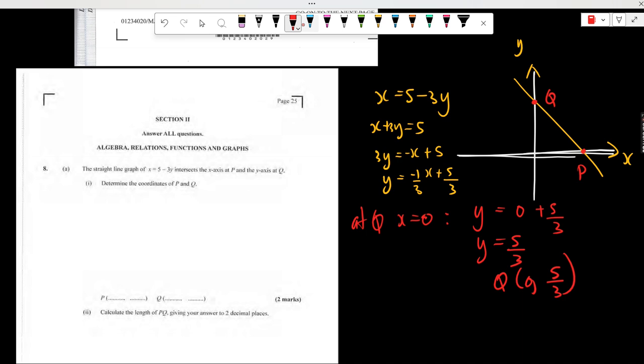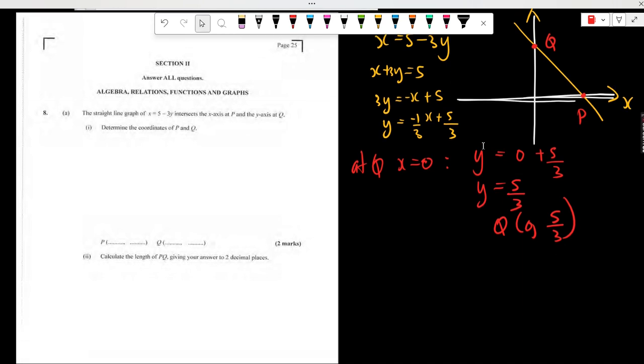Similarly, when it cuts the x-axis at P, what value is equal to 0? At P, what can you say about the point P? What do we know? Is that on the x-axis? What does that tell us?